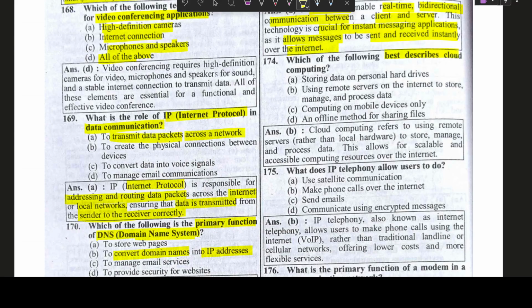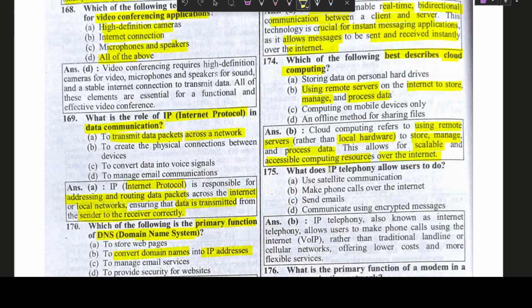Which of the following best describes cloud computing? So using remote servers on the internet to store, manage and process data. Cloud computing refers to using remote servers rather than local hardware to store, manage and process data. This allows for scalable and accessible computing resources over the internet.